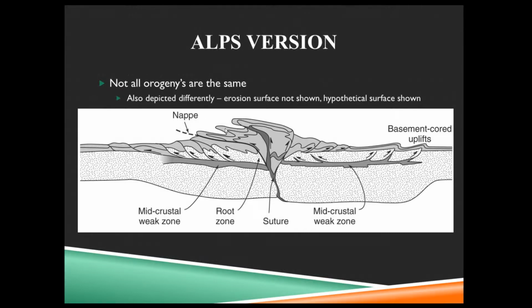In this case, we're showing a hypothetical surface. Other times, some of the other cross sections, we've shown an actual land surface. So individual layers are incomplete because they've eroded. Here it's showing more complete layers, but a fictitious surface.